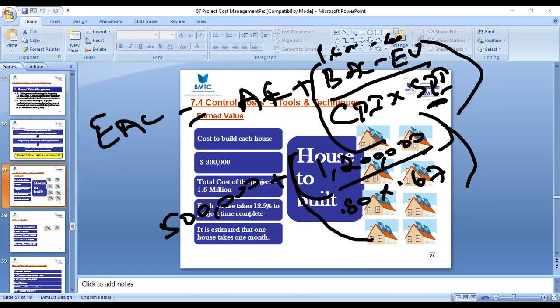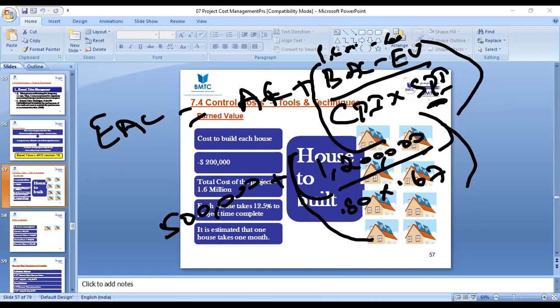This is the only estimated completion forecasting formula that asks you to bring in the schedule performance also. They are asking you to factor in the schedule performance index also. The first scenario asked you to go with the future at the planned performance, not the current performance. The second estimated completion asks you to just go with the current performance. The third one asks you to re-estimate the ETC using the bottom-up technique.